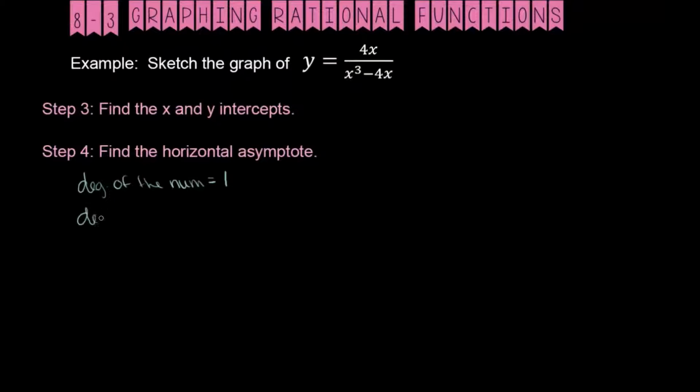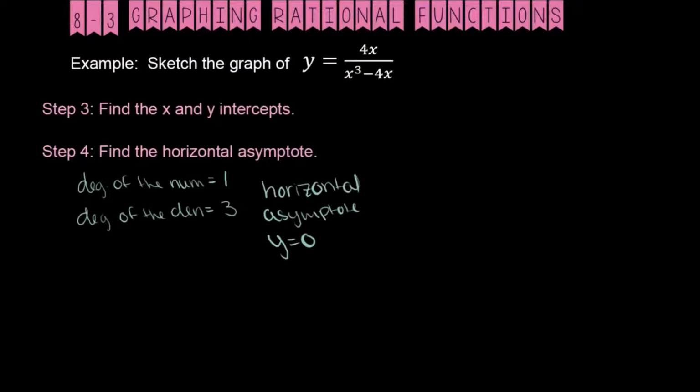And the degree of the denominator is equal to this here, which is our 3. So since the degree of the denominator is larger than the degree of the numerator, that gives us the case where our horizontal asymptote is at y equals 0.